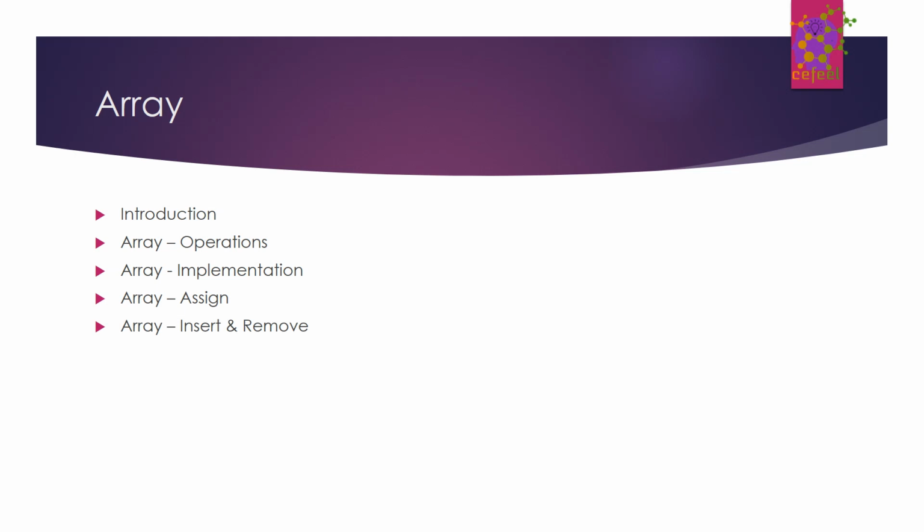Then we will move ahead with the insert and remove operations. Then we will see how a search operation is performed on an array. Finally, after the operations, we will see the complexity analysis of each of these operations.